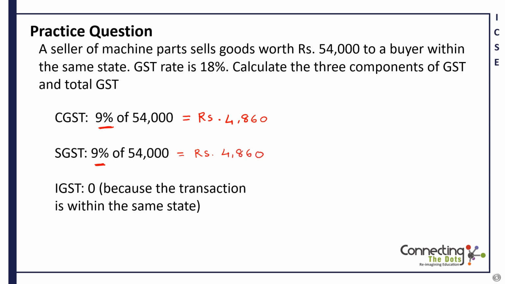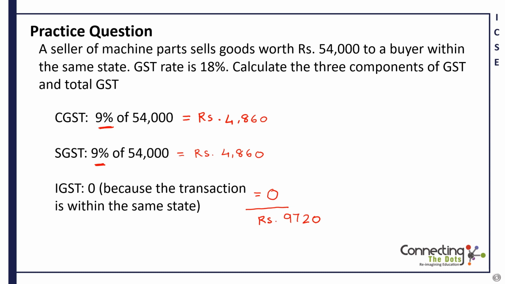And we have discussed this before. In an intra-state transaction, the IGST component is zero. So the total GST component here is, we just add CGST and SGST components and we get 9,720 rupees, and that's the total GST component.